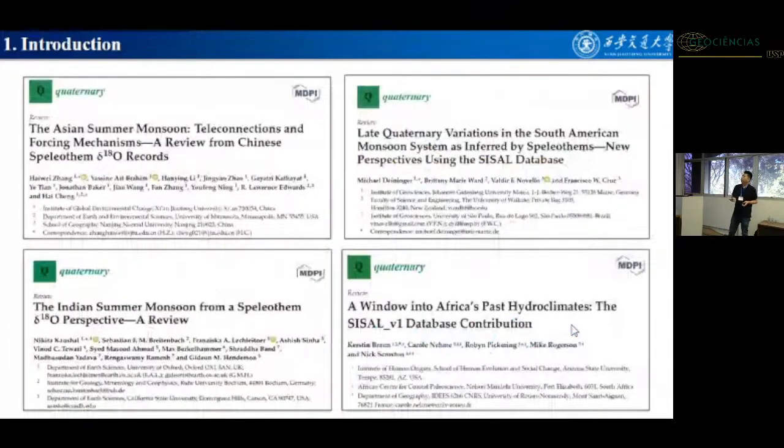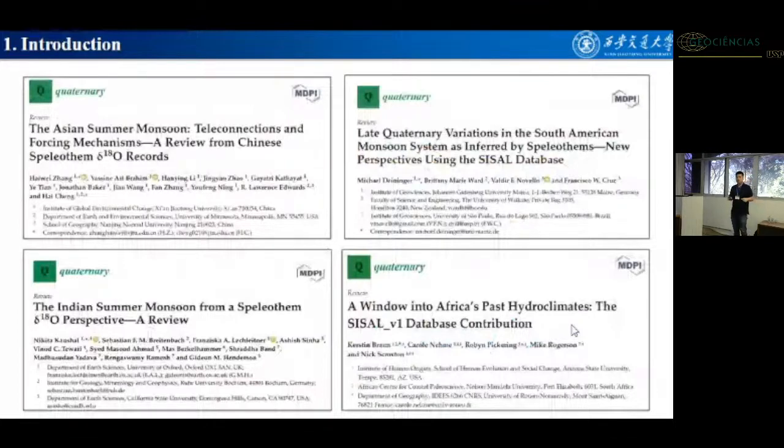So I also would like to suggest these papers, and all these papers were published in the special issue, like Asian monsoon. Actually they mainly talk about the East Asian summer monsoon, also the Indian summer monsoon, and South American monsoon region, and also African monsoon.